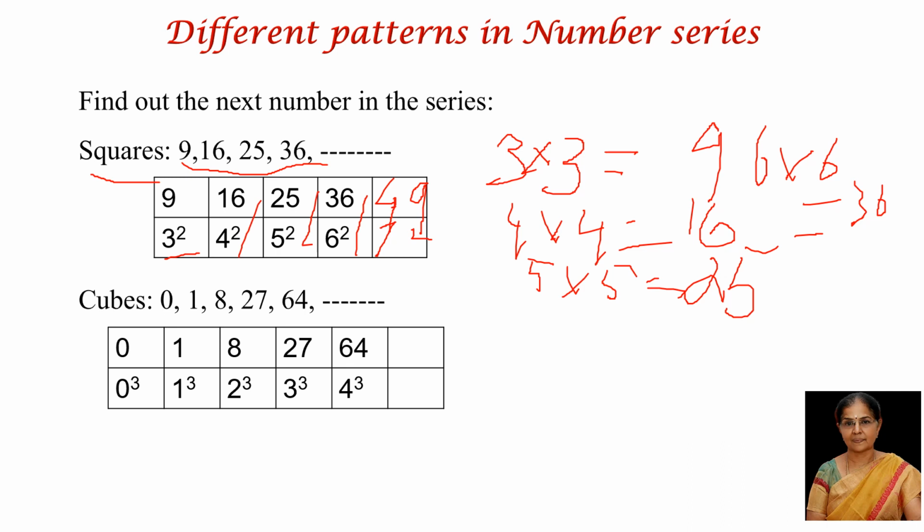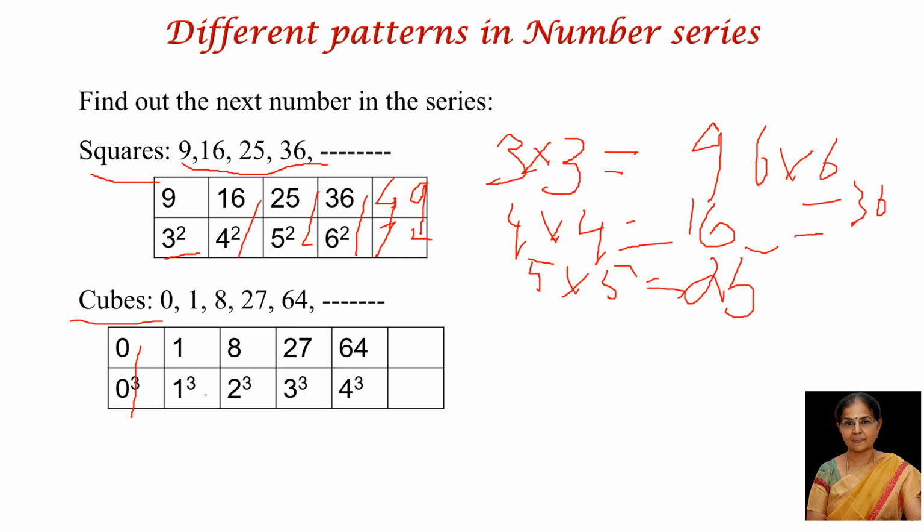And now coming to the next problems. It may be cubes also. So see, look at the numbers in the given problem: 0, 1, 8, 27, 64. Always 27, 64, it is cube. What is cube? The same number multiplied 3 times. See, 0 into 0 into 0, you get 0.